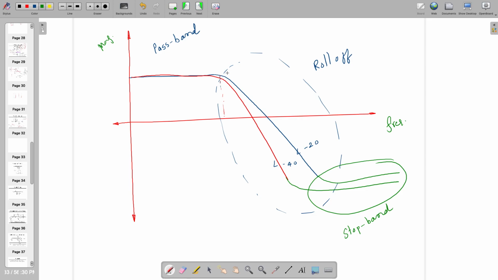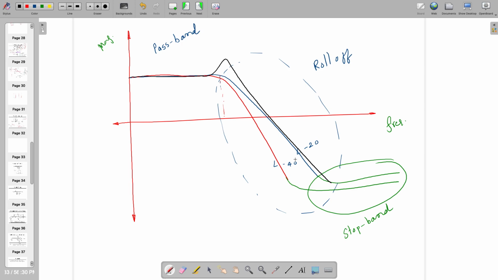And all these things depend on one fact: if my system has complex and conjugate pairs, and if it is like this, then the roll off will change. You can see the black line and blue line are not exactly coinciding.